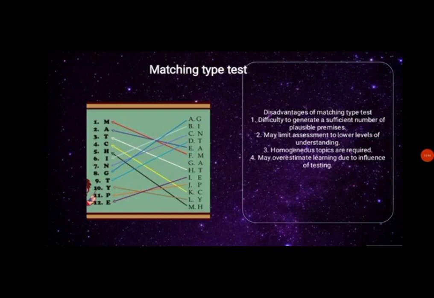It tends to ask students to associate trivial information. Unfortunately, most matching type tests emphasize memorization, although it is not impossible to construct items that measure more complex cognitive skills. In case of commercial answer sheets, matching items can accommodate no more than 5 options.